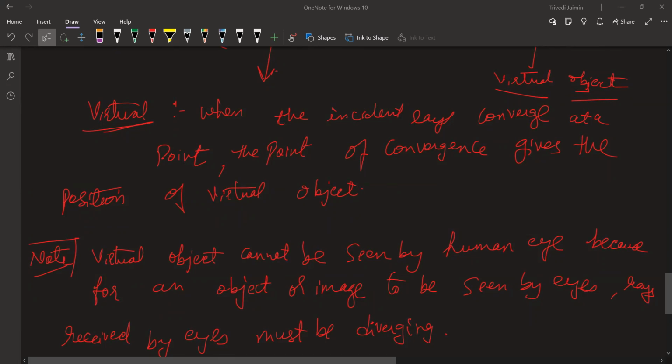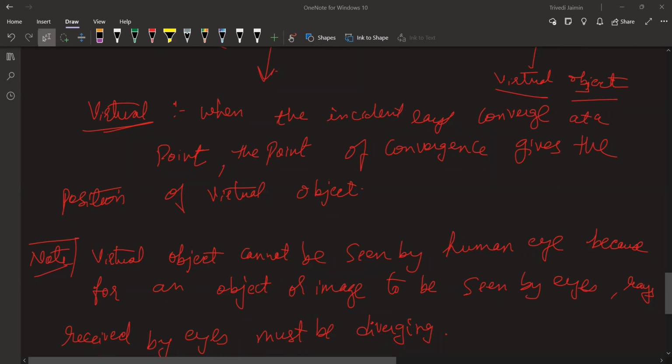So one doubt here, sir. The objects that form virtual images are called virtual objects, and the objects that form real images are called real objects? Oh no, not necessarily. There are some cases actually. Let's just complete this topic first. I have so many cases like that. It will be fun discussing that. Yes, sir.